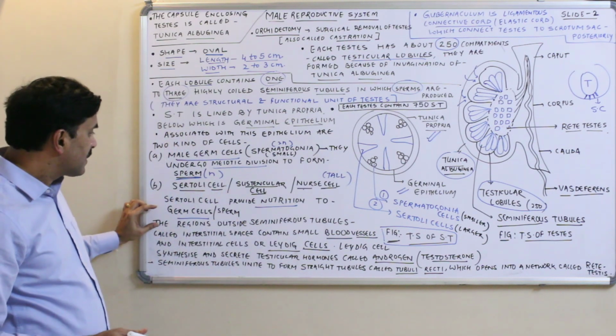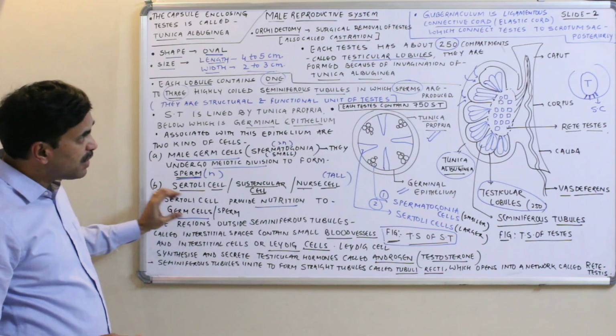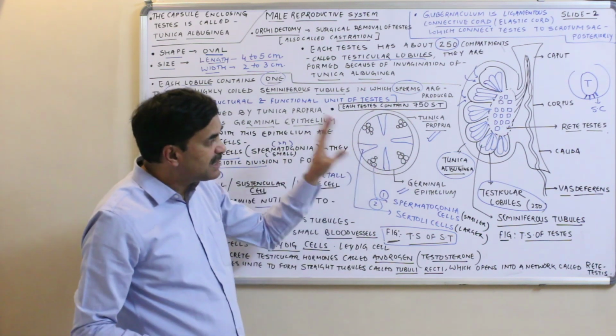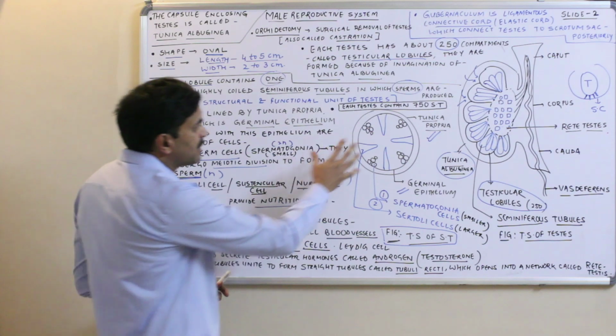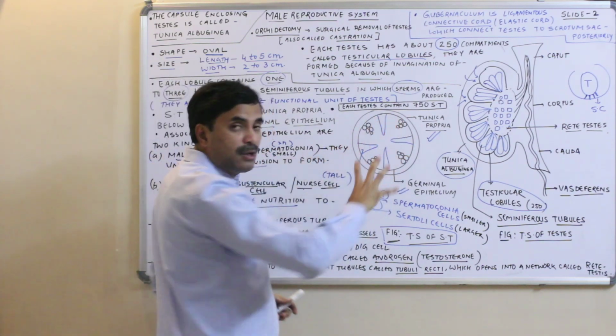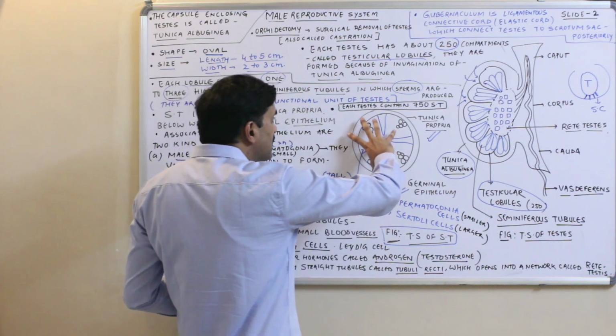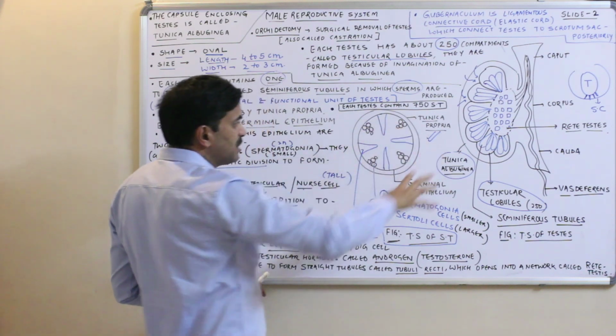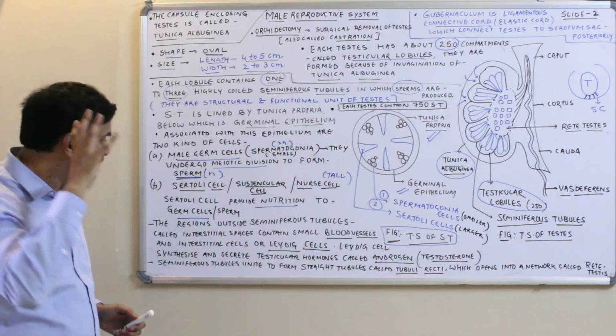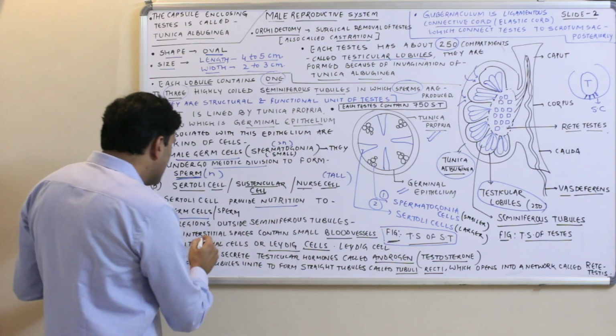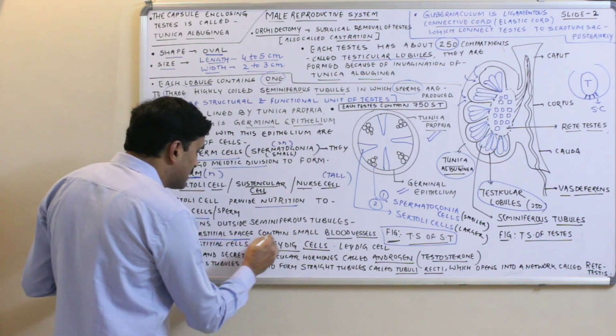Are you getting it? Now, if I talk about the region outside the seminiferous tubule, say this is the seminiferous tubule, and there are 750 seminiferous tubules. The region present outside the seminiferous tubule is called the interstitial space.